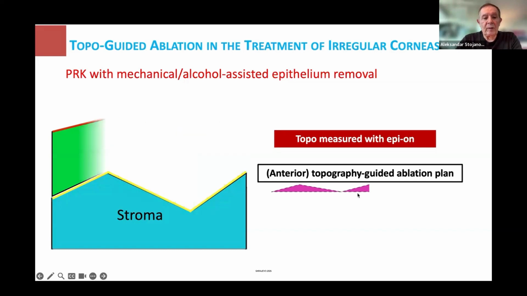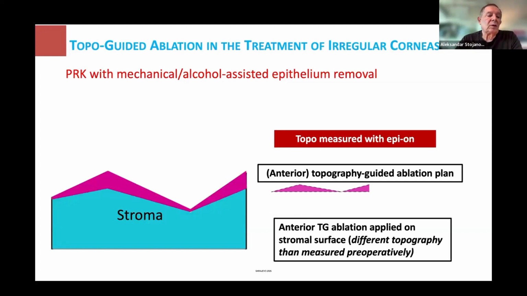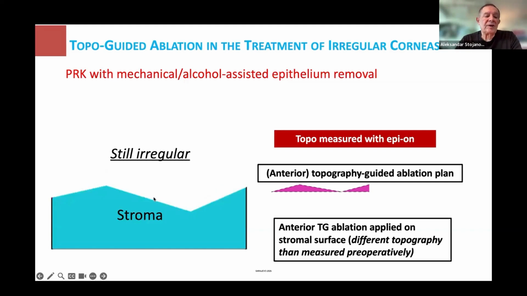So when we remove the epithelium, we get a new surface, which our topography guided topography did not register, and our topography guided ablation plan based on that topography will not now fit to the new circumstances when the epithelium is removed. So it will only partially reduce the irregularity.